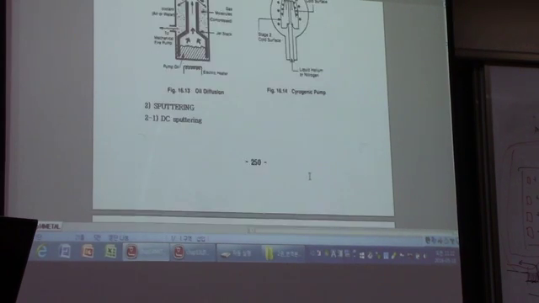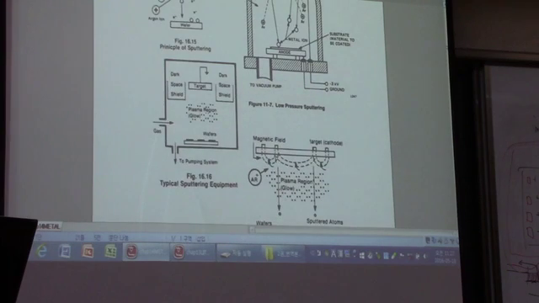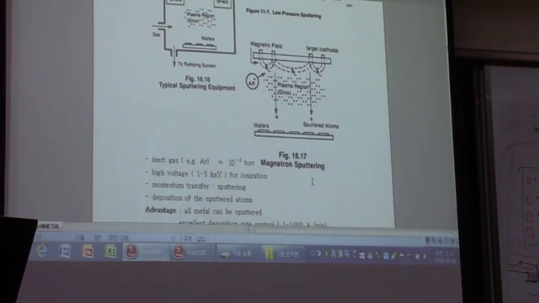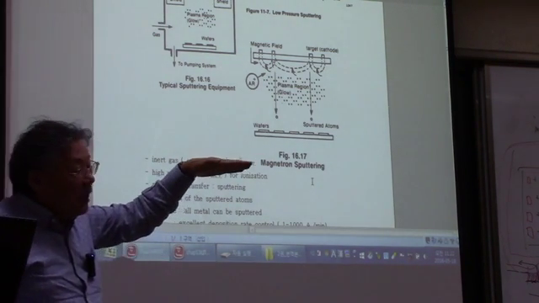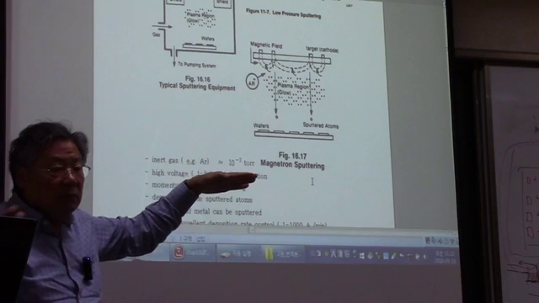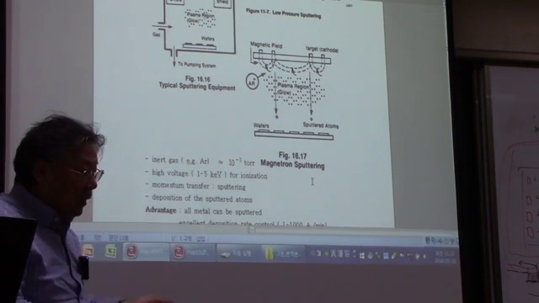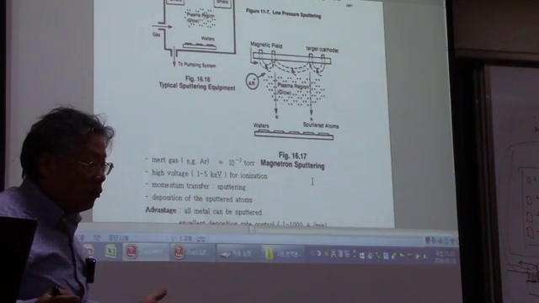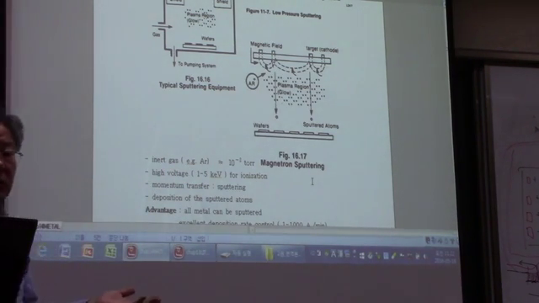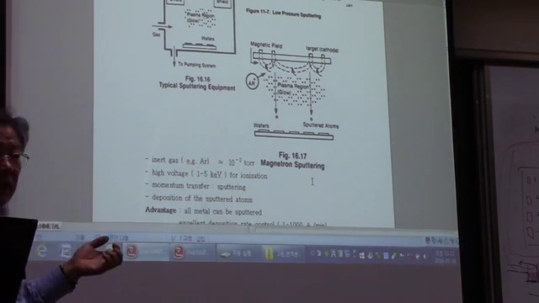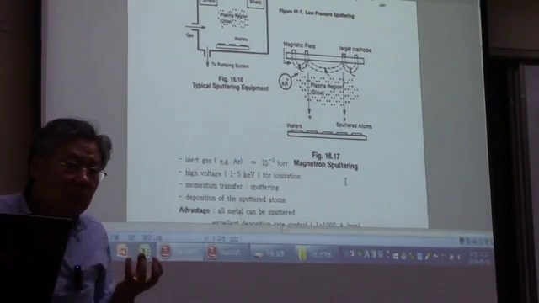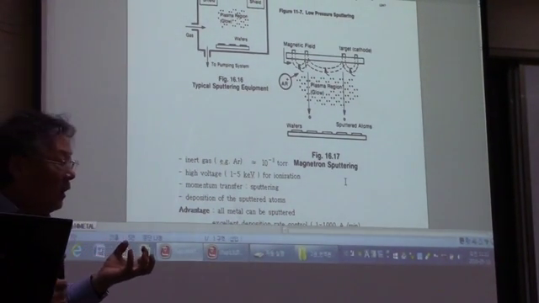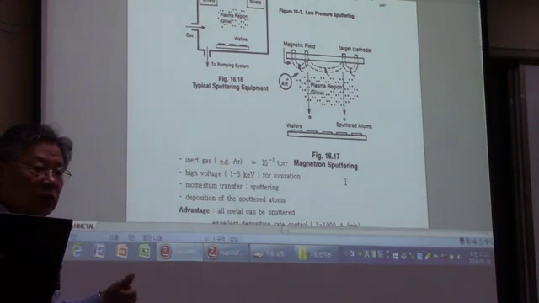Each process has been introduced in this book. And sputtering, we have seen this. Basically, you have a metal target like aluminum, and you place your substrate on the bottom, and then you fill up your chamber with argon, for example, which is an inert gas but with heavy weight molecules. Then you apply a high voltage to it.